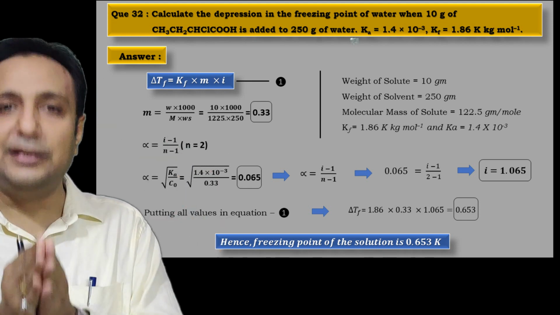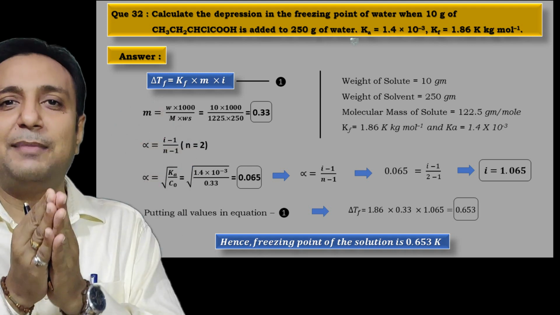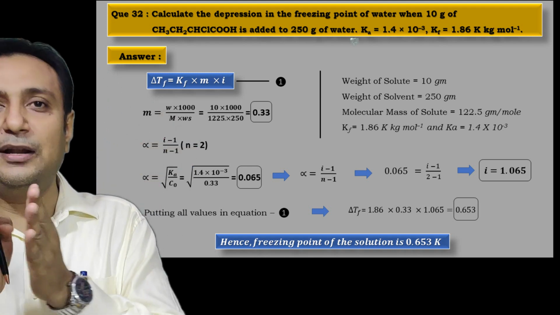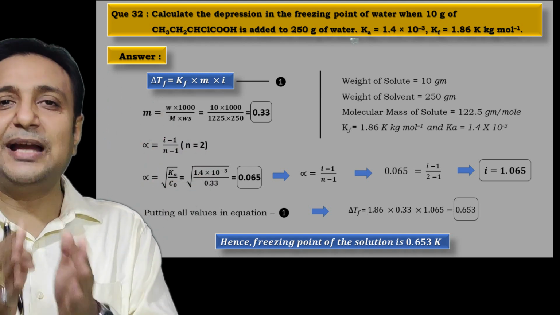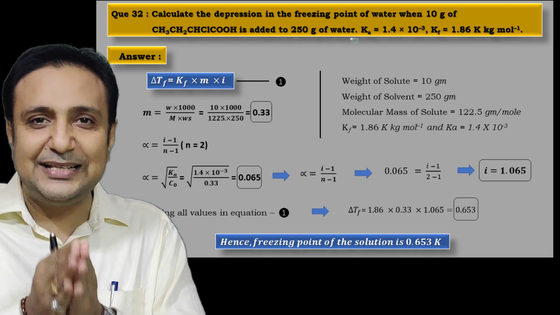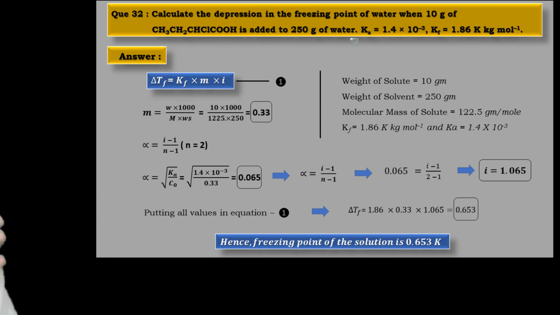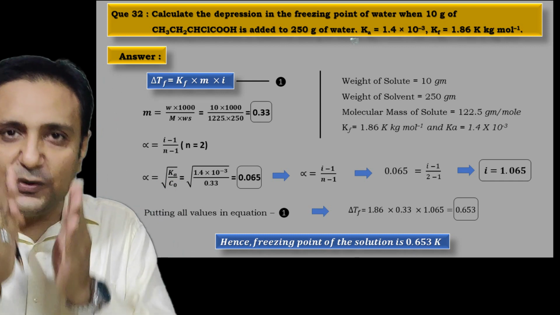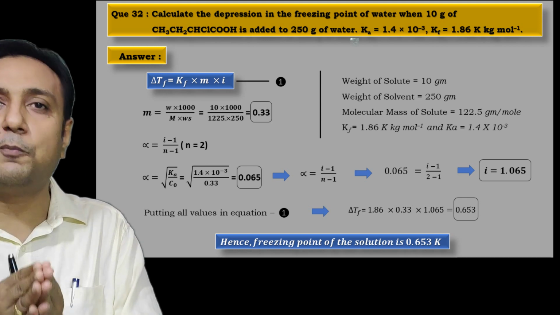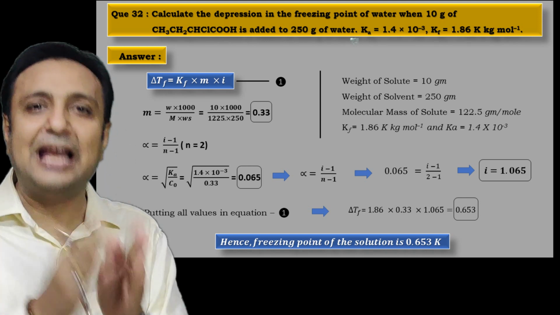After putting all the values and multiplying them, you will get its value 0.653 Kelvin. So the final answer is the depression in the freezing point of the solution is 0.653 Kelvin.